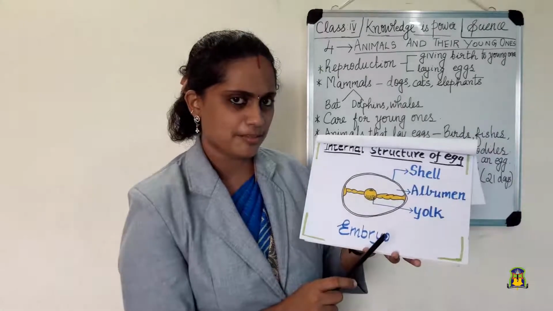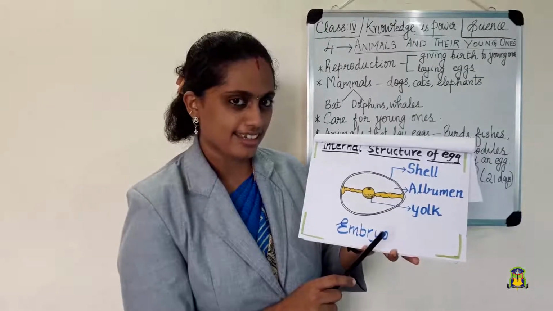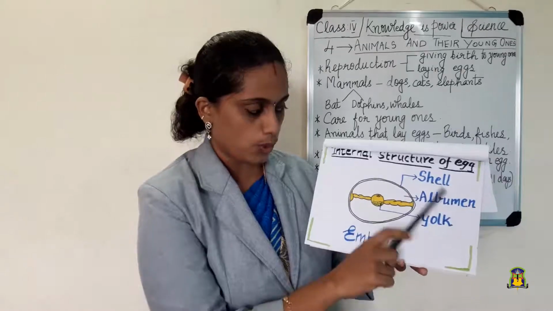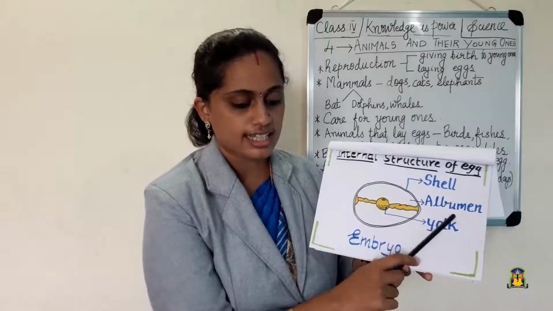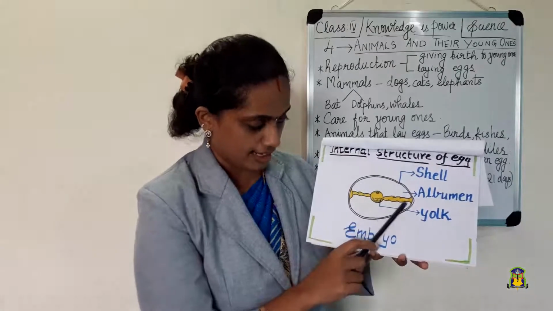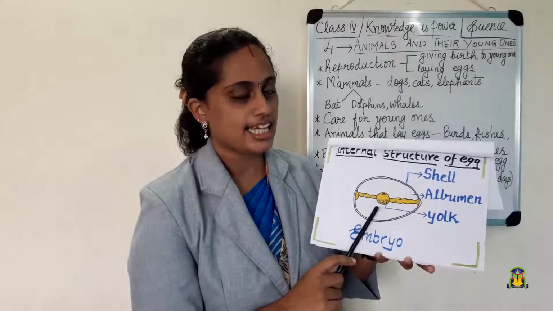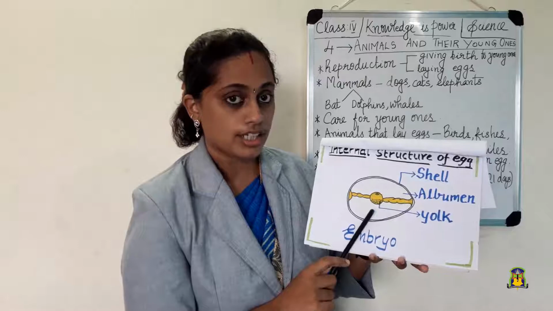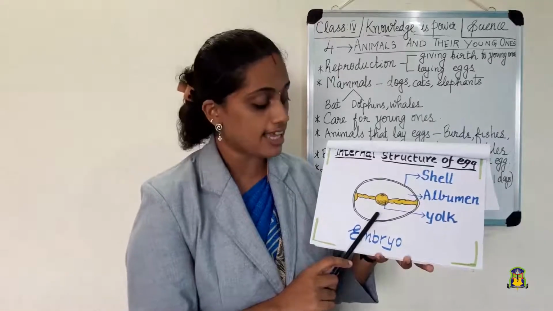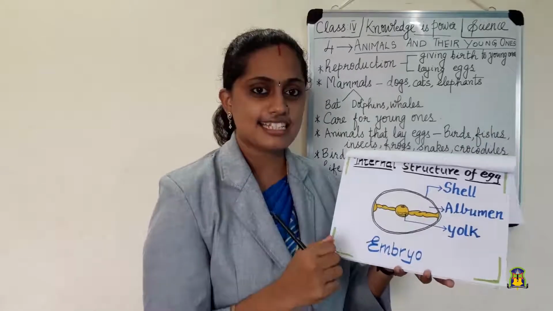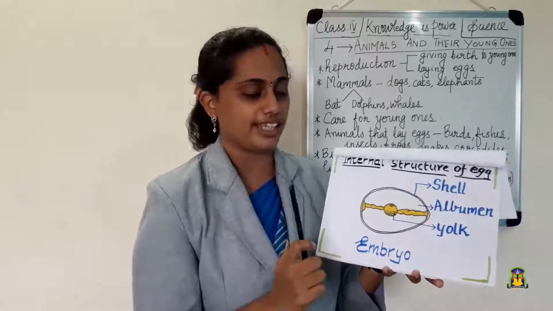What is that? Can anybody say? Yes, it is egg white. So what is albumen or egg white? Inside the shell there is a white jelly-like substance that is called albumen. Children, you know this albumen, it is rich in proteins.